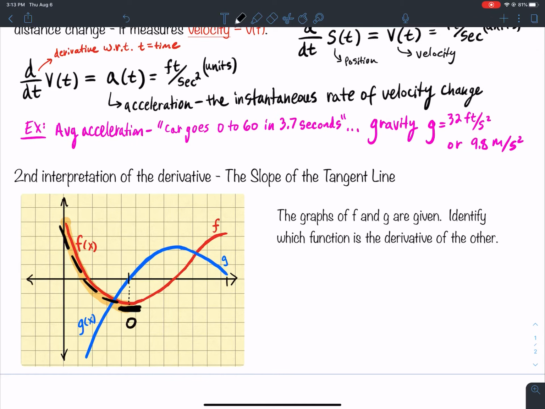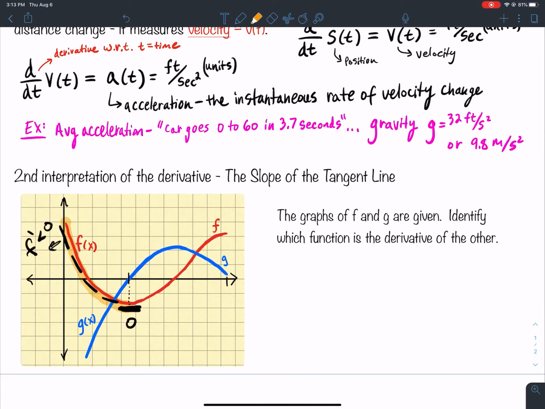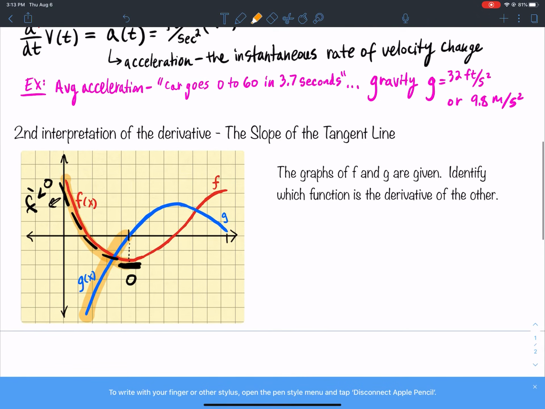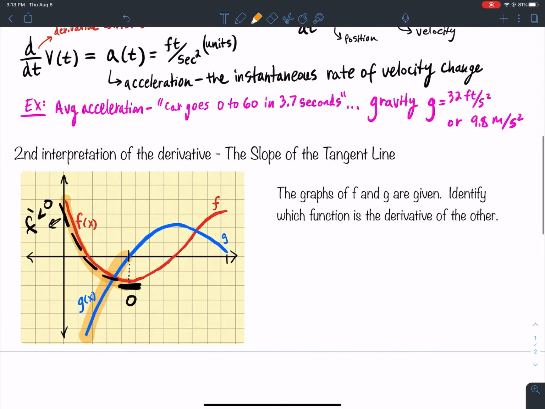What that tells me is if I have negative slopes there, that means that the derivative f prime is negative, okay? The derivative is negative there. Well, guess what? Oh. Okay, so g of x is actually negative on that interval there, right?